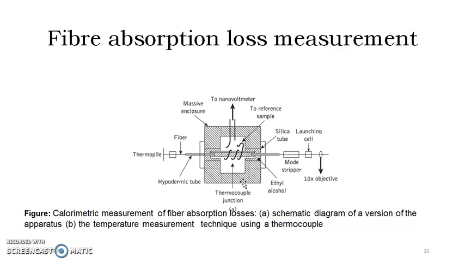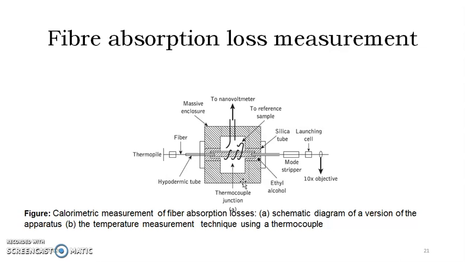When light is launched into the fiber through any source, the temperature rises due to the absorption, and that is measured by the thermocouple and indicated on the voltmeter. So because of that attenuation, the temperature rises, and that is to be measured.